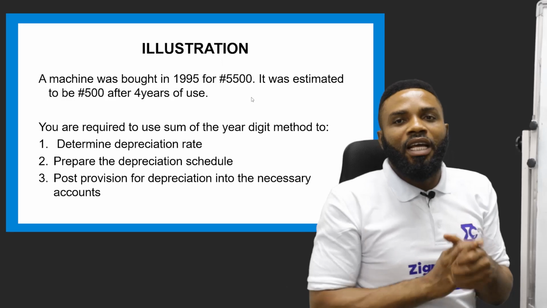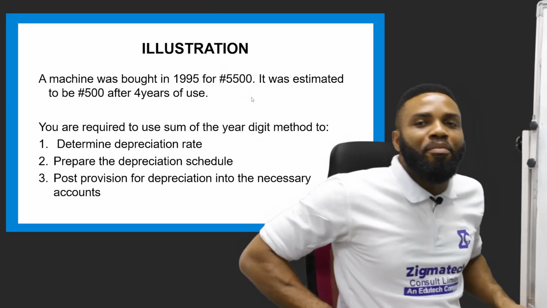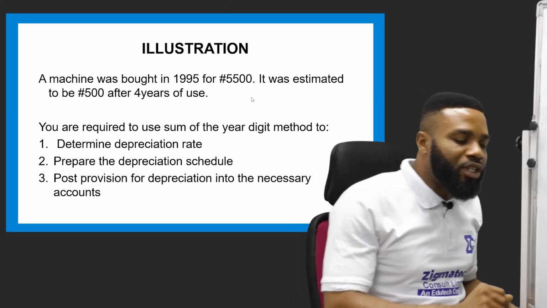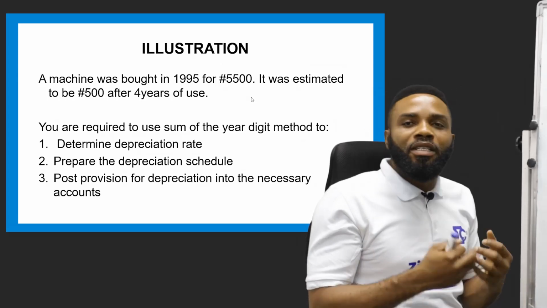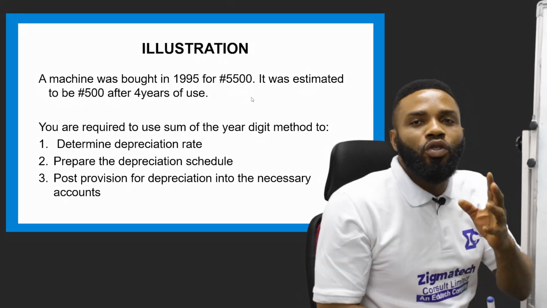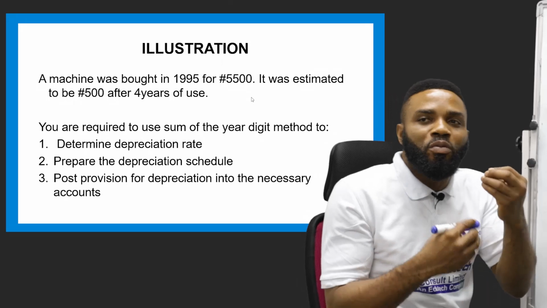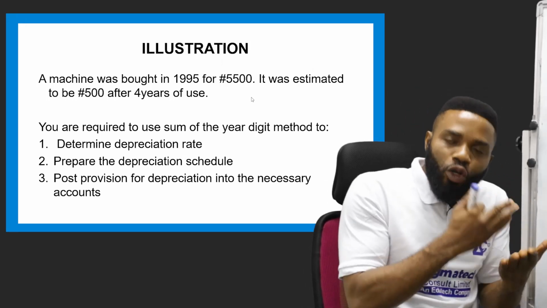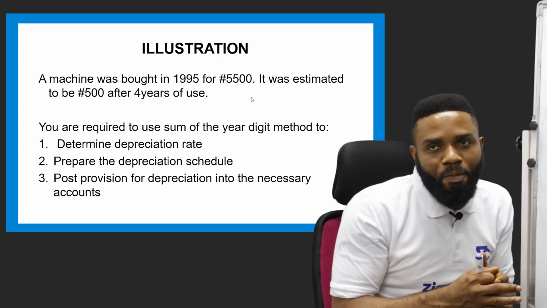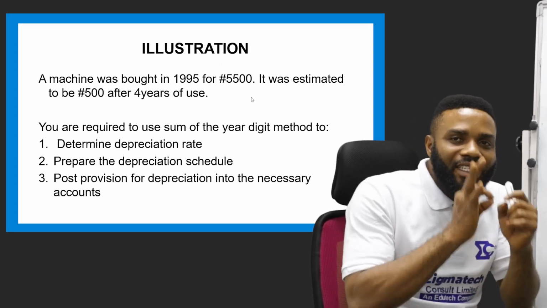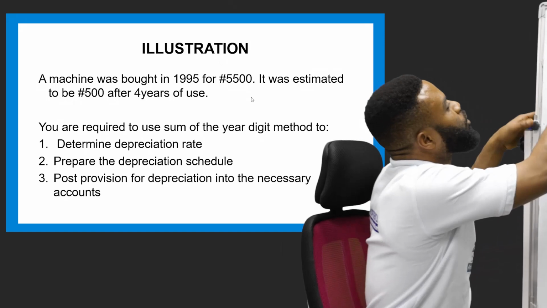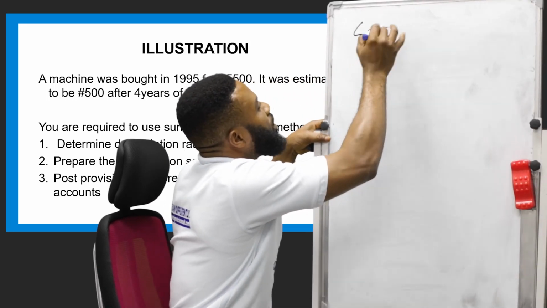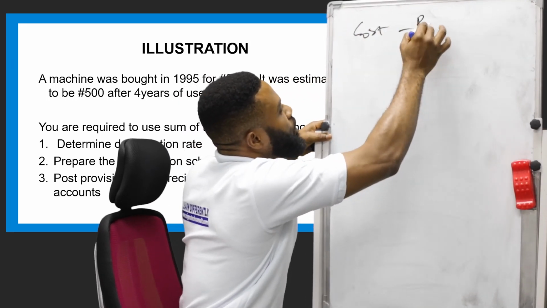All right, let's look at it. The first one is that we should determine the depreciation rate. First of all, you are going to subtract your residual value from your cost. That's the very first thing.